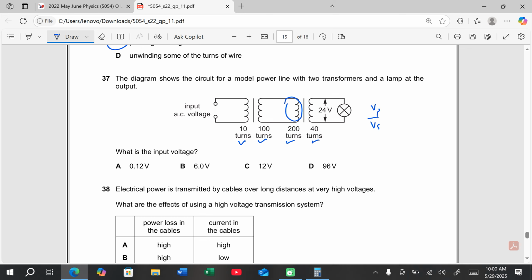Vp over Vs is equal to Np over Ns. I'm going to take this as the primary and this as the secondary. The voltage of the secondary is 24, the voltage of the primary we need to know, the number of turns of the primary is 200, and the number of turns of the secondary coil is 40, so that gives 120 volts.